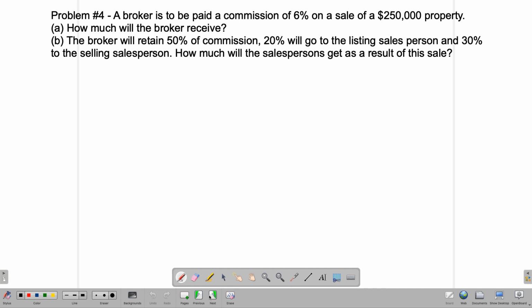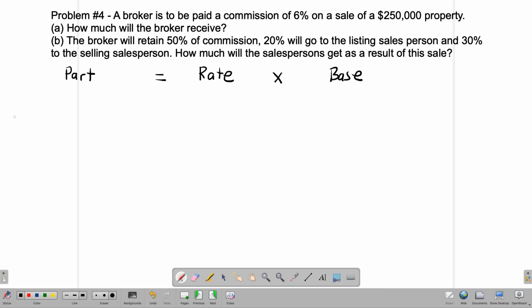let's show what we have for A. Let's do A first. So A, how much will the broker receive? What we have to do is use the same equation. We have part equals rate times base.